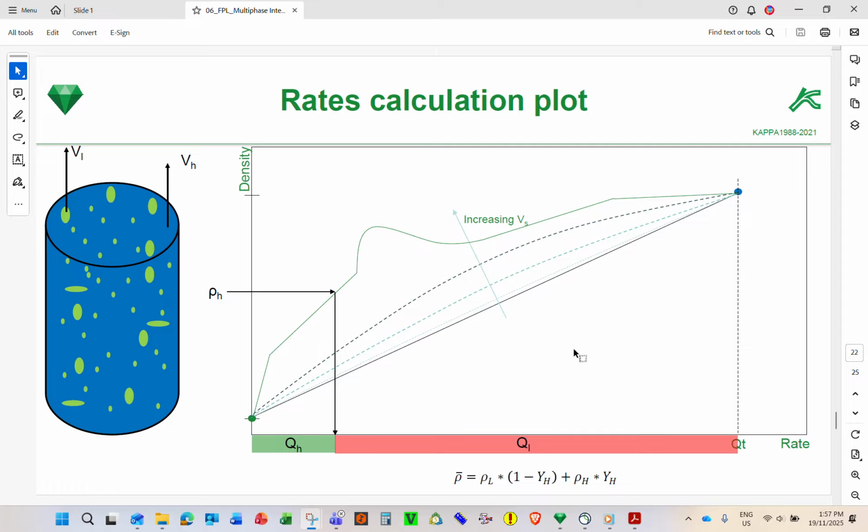From 0 to 1, just draw a line, something like this. If there is no heavy phase, just light phase, no slip phase. If total heavy phase, no light phase, there will be no slip phase. And you can just draw a line. This is no slip. So if holdup is 50%, you can draw like that.